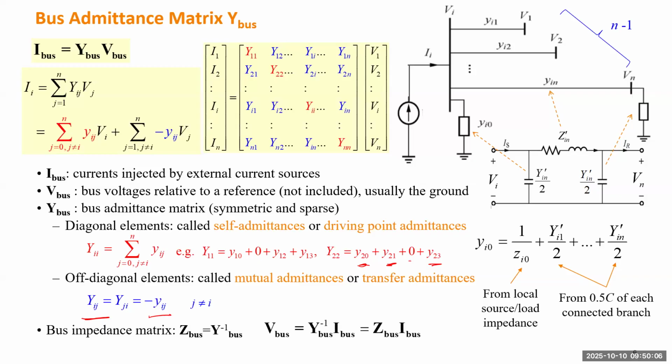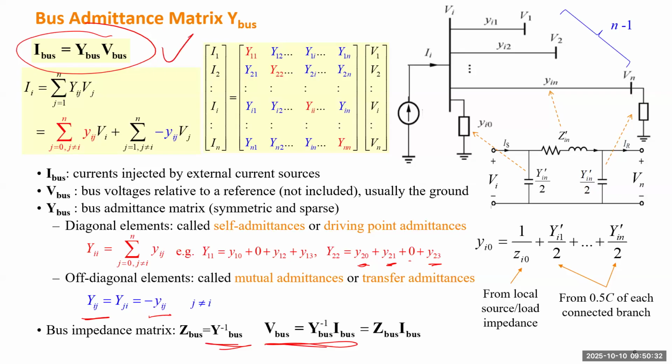If you like, you can also define the inverse of this matrix as the impedance matrix. If you like to use impedance instead of admittance, that's okay. Then this equation will become this equation. You just multiply both sides by the inverse of the admittance matrix.